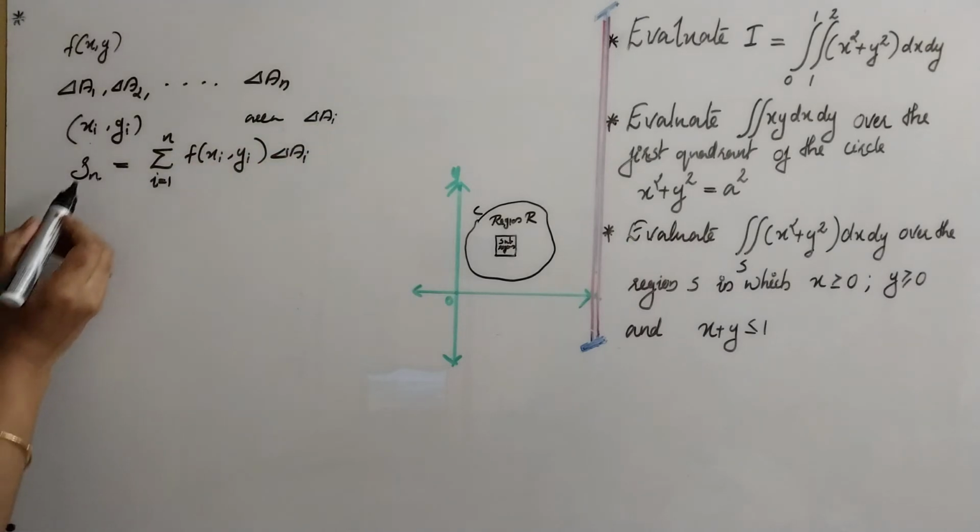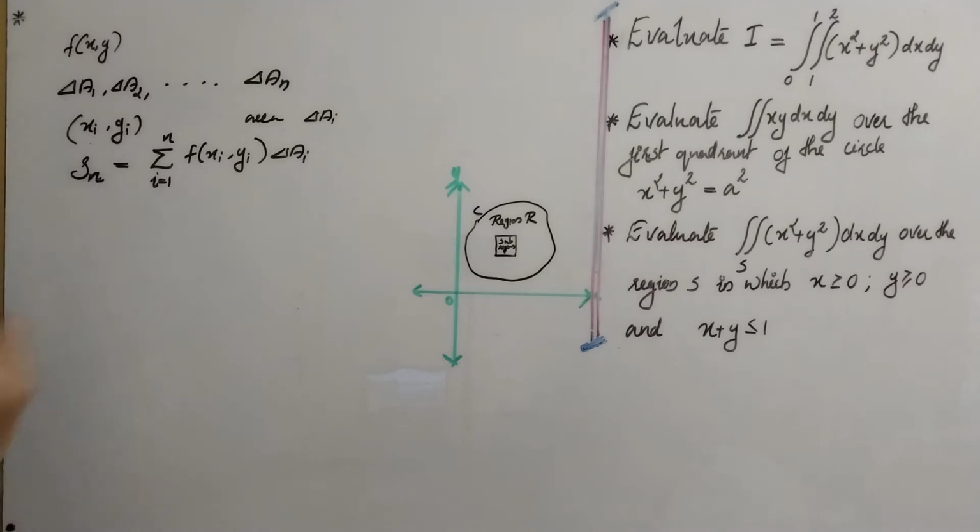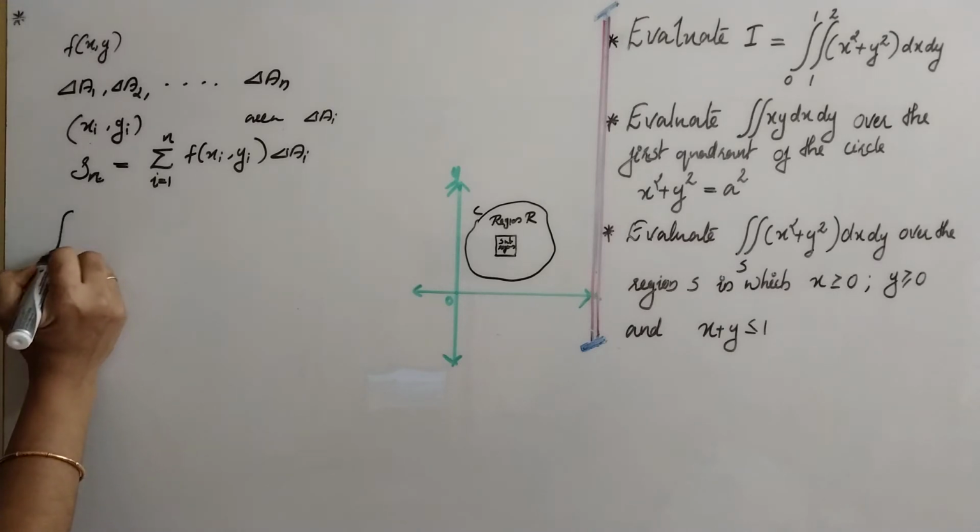Then we can consider the sum Sn is equal to summation i is equal to 1 to n f of xi yi into delta Ai, and the limit of this sum is defined as the double integral of f of x y over the region R.